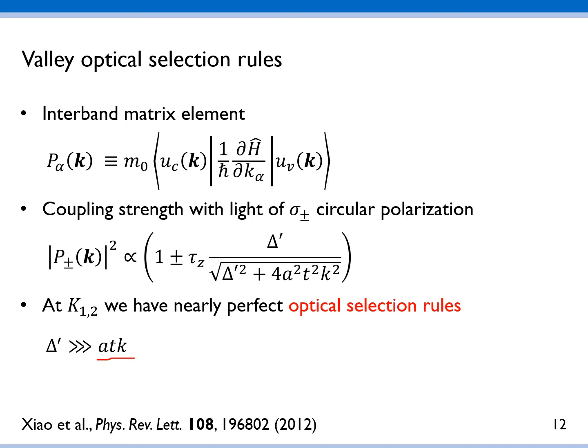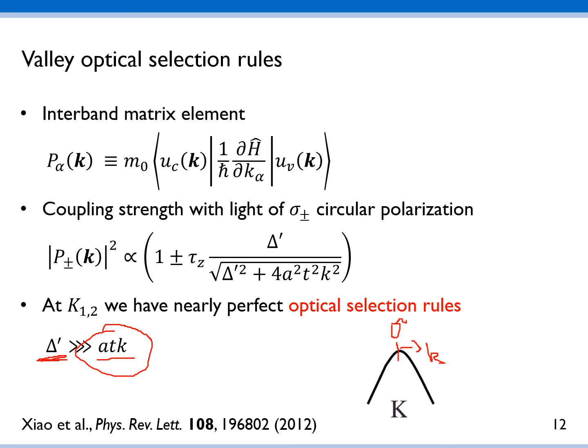So this is the lattice parameter a, the hopping parameter t, and k, and the way I understand it, k begins from the valence band minimum, so that means that here it would be 0. And in that way it also makes sense that this value would become very small here as we are at the K point, because this is our band gap, and in comparison to our band gap, this product would then become very small.